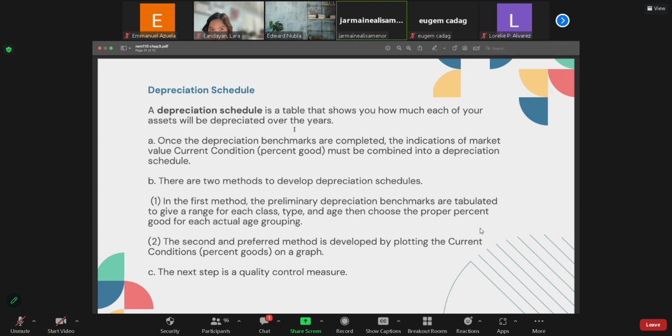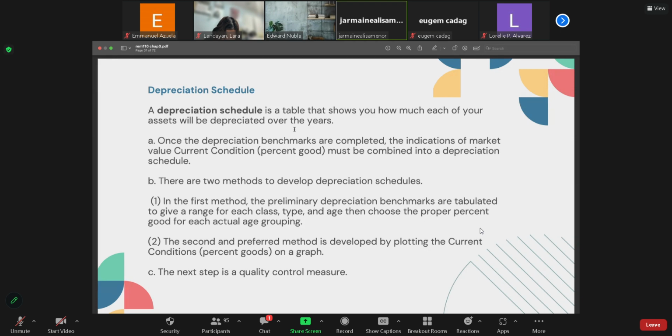To produce an accurate depreciation schedule, only the benchmarks of properties that are typical to the neighborhood shall be used. Sales of properties that exhibit a high degree of deferred maintenance, unusual functional obsolescence, that have been recently remodeled or had a change of use shall not be included.